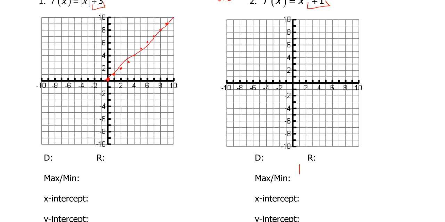It goes like that, and this one's gonna go like this. Okay, and it goes like that, and it goes like that. Now that's the original. That's the one from yesterday. Now, this one says that we're gonna move everything up by 3. That's what that 3 on the end stands for.